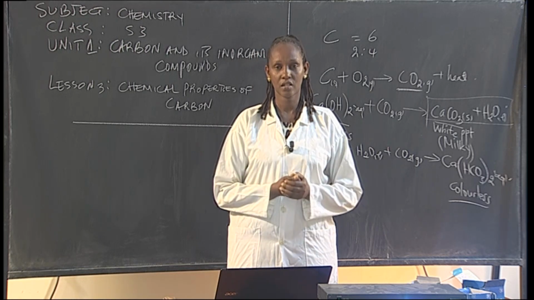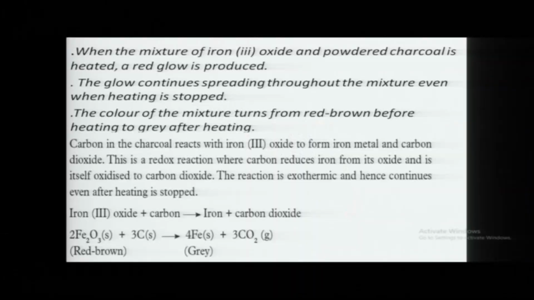That's what happened. That's why the red-brown color here turns into a gray, because it is no longer iron 3 oxide, which is red-brown, but it is now iron, which is gray. All right? Good.